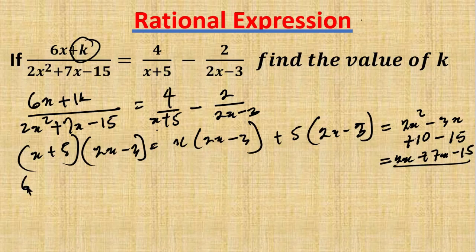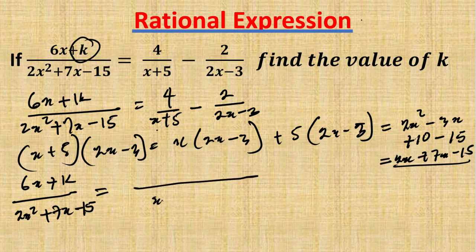So my (6x + k) over (2x² + 7x − 15) will be the same thing as (6x + k) over (x + 5)(2x − 3). Now, for 4 over (x + 5), multiplying into (2x − 3), I'll be left with 2x − 3.